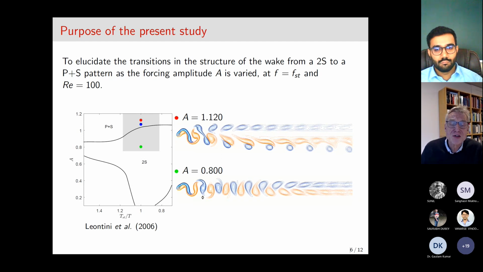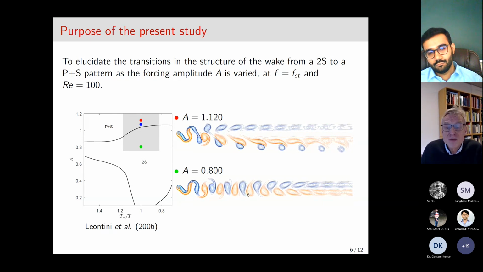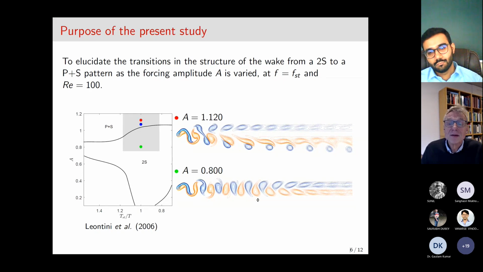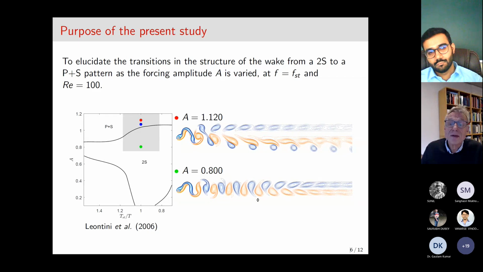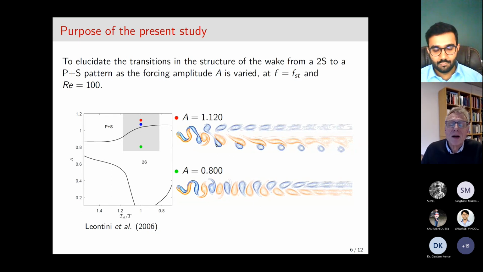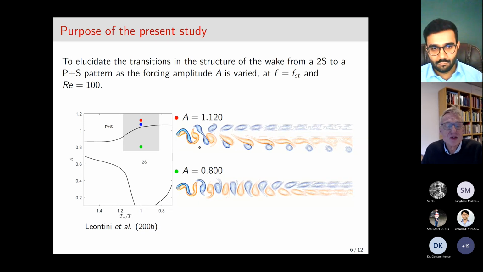The flow does organize itself down here into a 2S wake, where you have one vortex of each sign being shed, but up here you have this P plus S wake, after some initial transients.